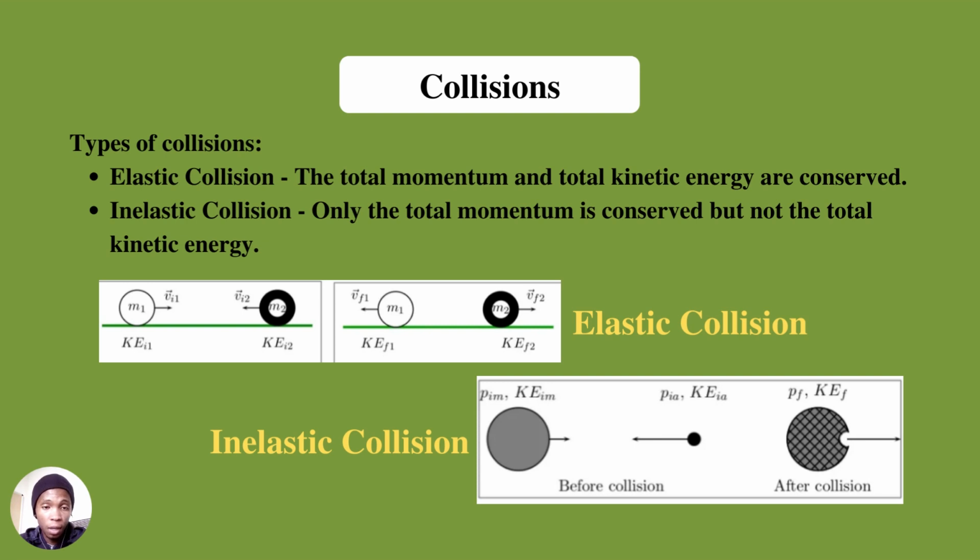But for inelastic collision, let's say we have ball 1 and ball 2. Firstly, notice the size of ball 1 is not equal to the size of ball 2, so that means there may be a difference in masses. After they collide, they just move together. That simply means that the total kinetic energy before the collision cannot be equal to the total kinetic energy after the collision.